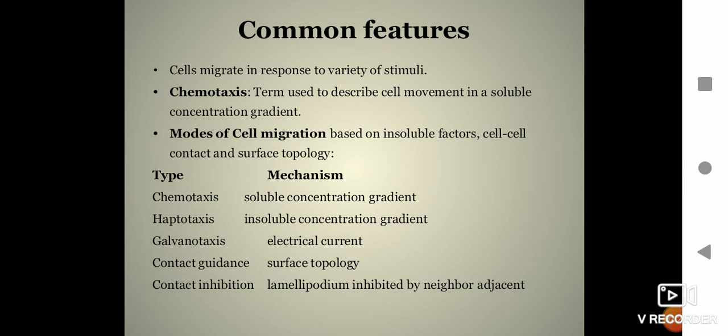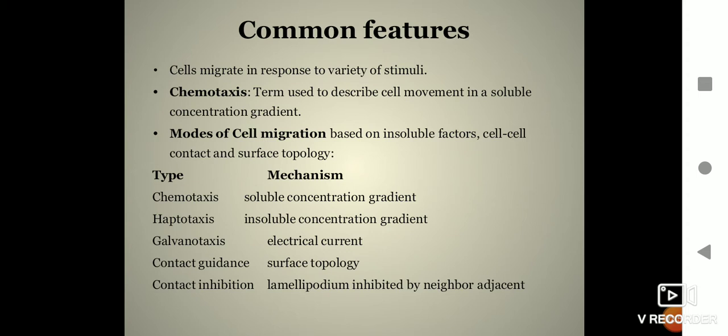But other than chemotaxis, there are other modes of cell migration which depend on various factors. For example, chemotaxis is usually found when we have a soluble concentration gradient being formed. When an insoluble concentration gradient is formed, the movement of the cell is called haptotaxis. When the movement is due to an electric current, it is called galvanotaxis. When the movement is due to the surface topology, that is the morphology of the surface, the movement is called contact guidance.